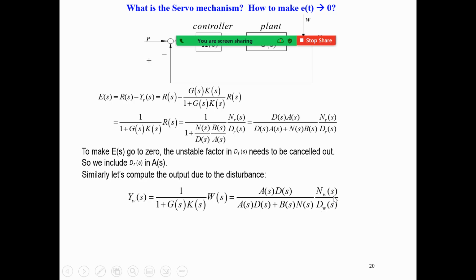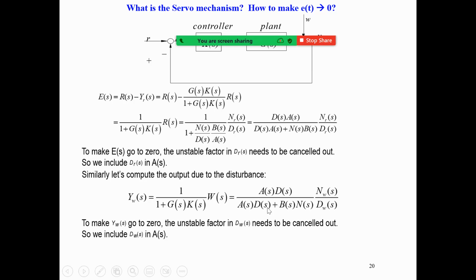To make this go to 0, the dW has to disappear. Therefore, we also have to cancel it out. The way to do it is to make this dW a part of A, then it will be cancelled out. Is that clear?